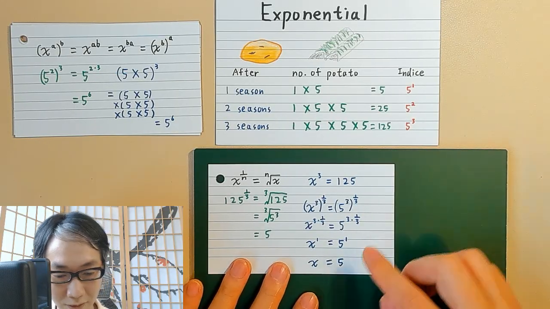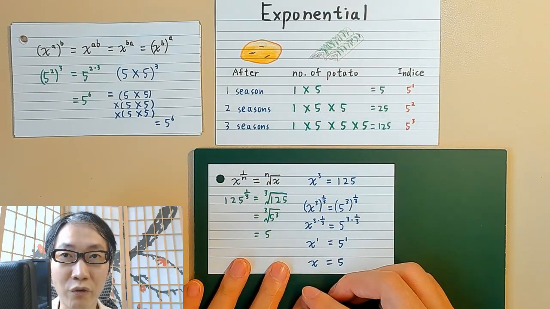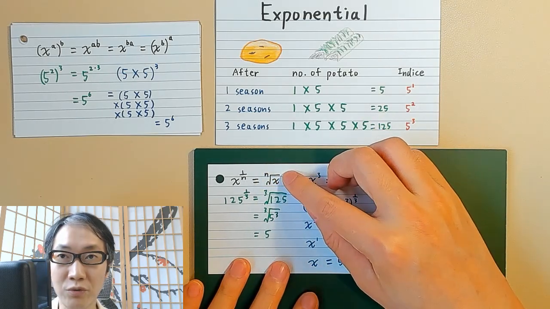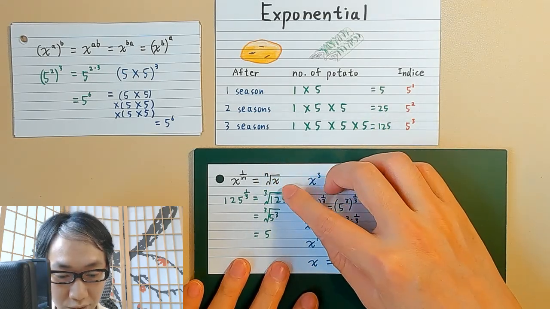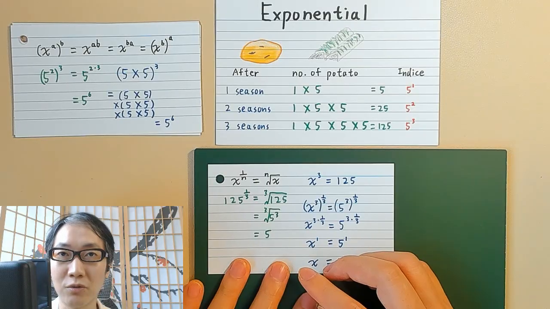So these are just 2 ways to express the indices in fraction. If n is 2, it's called square root. If n is 3, it's called cube root. If n is 4 or more, it's fourth root, fifth root, and so on.